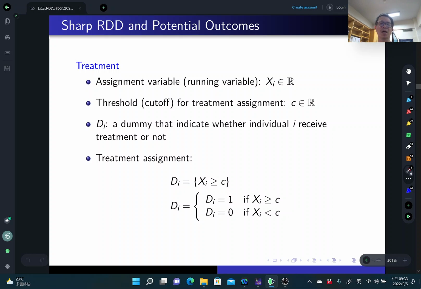So in the alcohol example, if your age is above 21 years old, you can legally drink alcohol, so you get the treatment for sure. And if your age is just before the 21st birthday, you cannot legally drink alcohol, so you do not get this treatment.